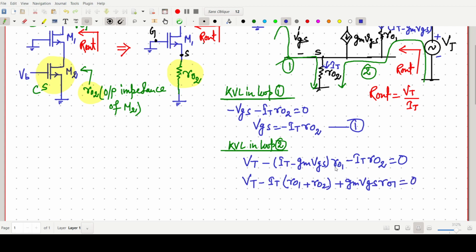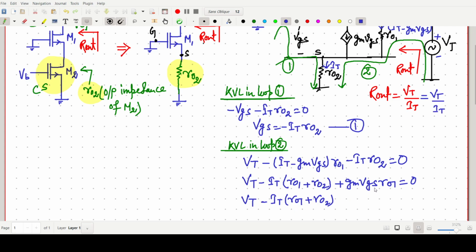We are taking IT r_o1, IT r_o2, so we are taking minus IT common, so r_o1 plus r_o2. Then we can write VT minus IT (r_o1 plus r_o2). At the end we have to find the value of VT by IT.